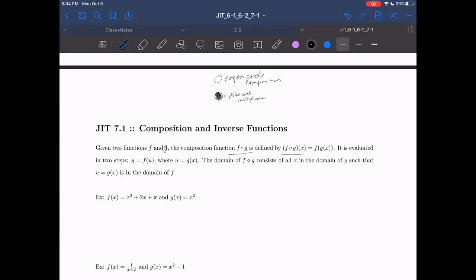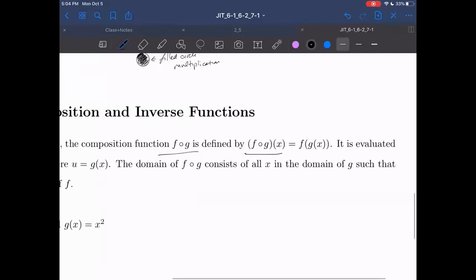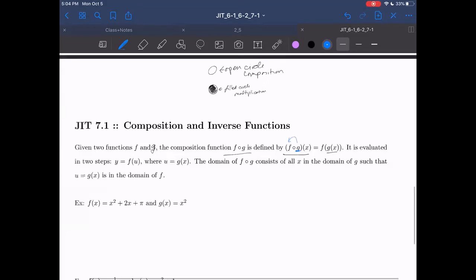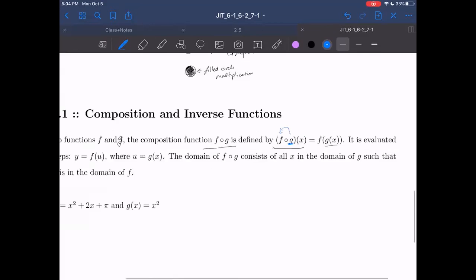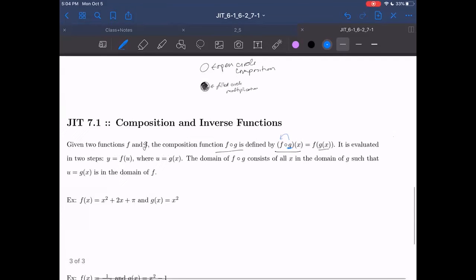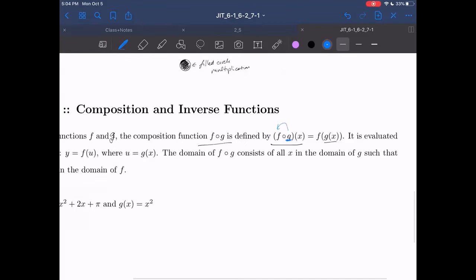All right. And so f composed with g is just taking g and plugging it into f. So whatever the second function is, you're taking and putting that into the first one. Okay, and so you evaluate it in 2 steps. Think about it this way.